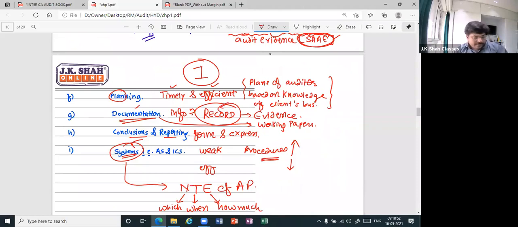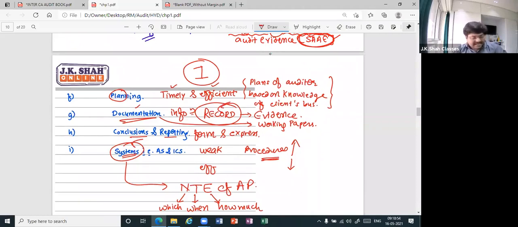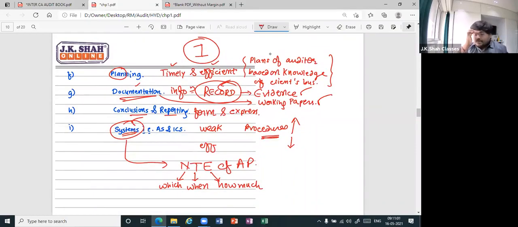One word: record. Why does he have to record information? It acts as evidence. What are they also known as? Working papers. Next, conclusions and reporting, that is basically form and express an opinion. And lastly, systems. Depending upon the systems, what will the auditor decide? NTE of AP. Nature, timing, extent of audit procedures: nature, which procedures; timing, when to perform; extent, how much to perform.